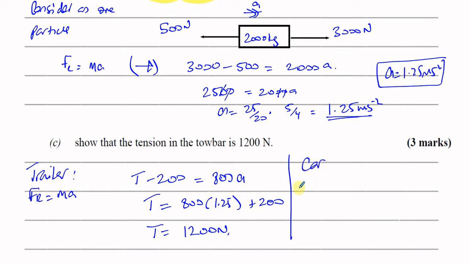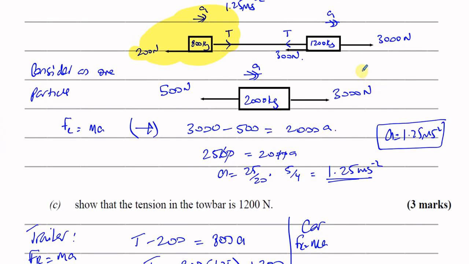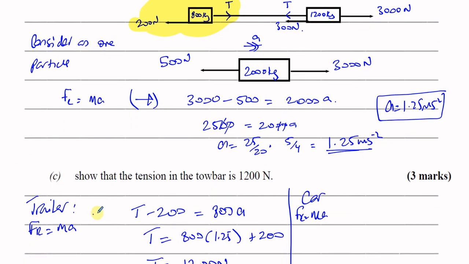Now I'm going to show you, just for the sake of showing that it doesn't matter which one you use, I could have used the car. The car, there's just an extra force acting, that's all. Again, I'm going to resolve in this direction like I did here, because that's the way everything's moving. I like to resolve in the direction of motion. So here I've got 3,000 minus T, and I've got minus 300, because that force is acting to the right, so that's positive, and the resultant force is with these two forces now, and that's equal to the mass, which is 1,200 times the acceleration.